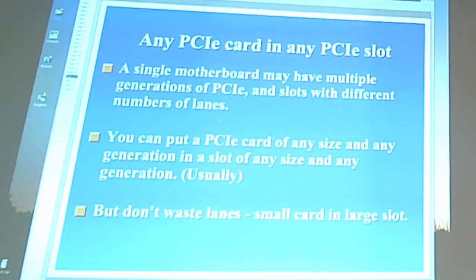Now, the reason I bring this all up is because those PCI cards that will run Snap are X16 cards. I have them plugged into X4 slots, and they work fine.